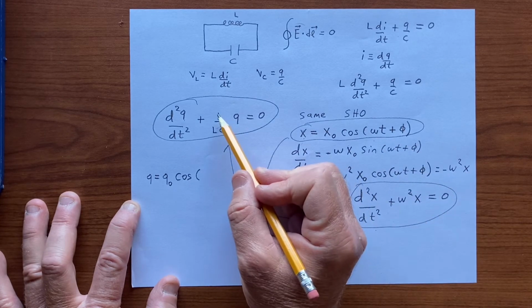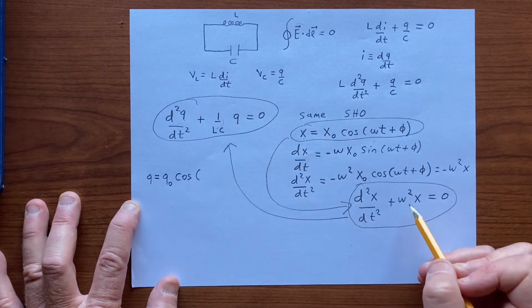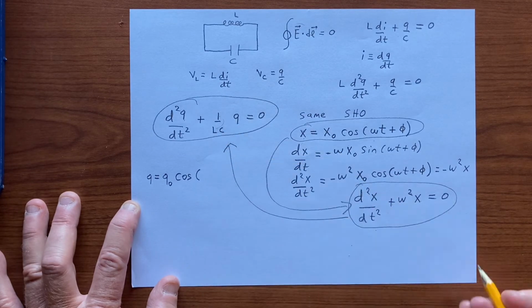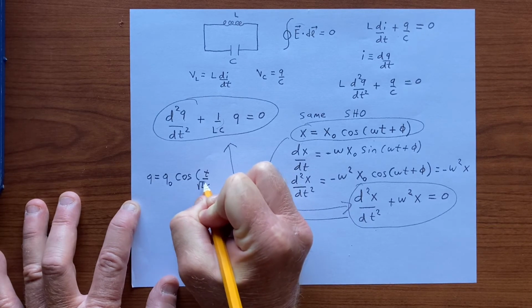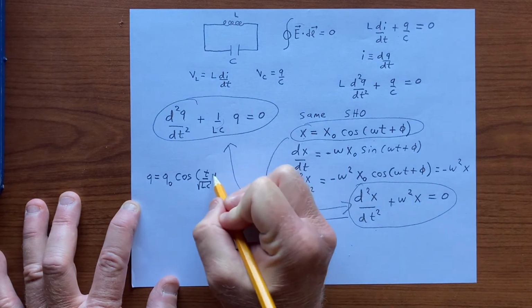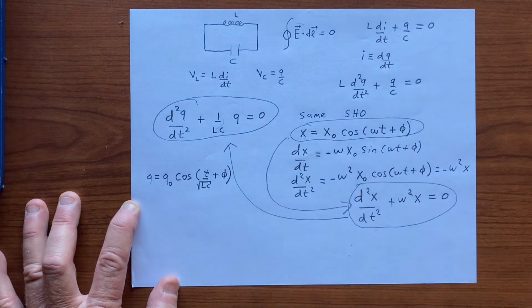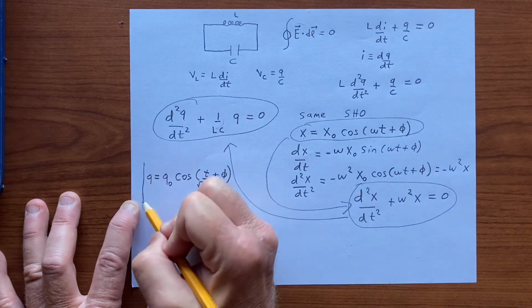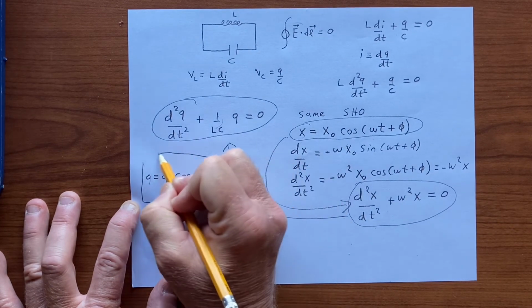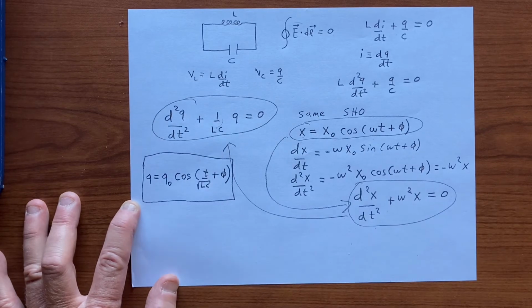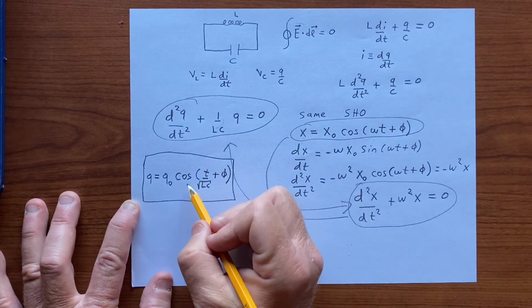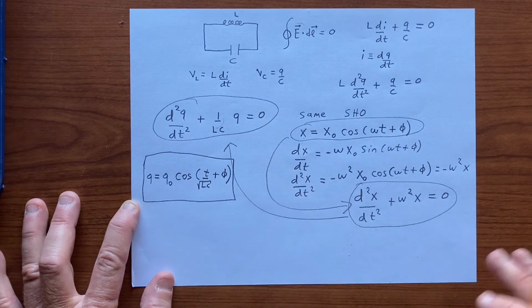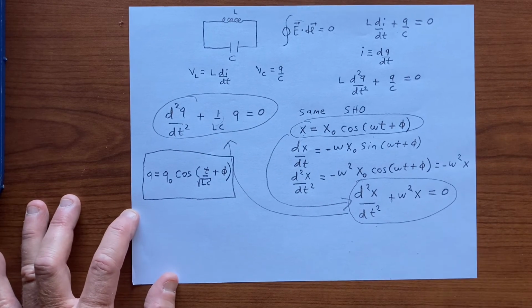But that is 1 over the square root of LC, which we square, to get 1 over LC. So here we must have t over the square root of LC plus a phi. So that's the solution. We've just found, or really argued by analogy, that the solution for the charge on the capacitor behaves like this. In other words, it oscillates in time according to a cosine.